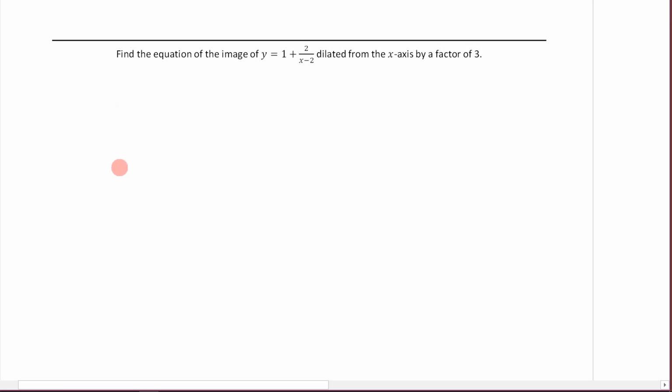So here we have, find the equation of the image of this. That's our original, dilated from the x-axis by a factor of 3. So how are we going to approach this? I have x, y, which is going to become x dash, y dash.